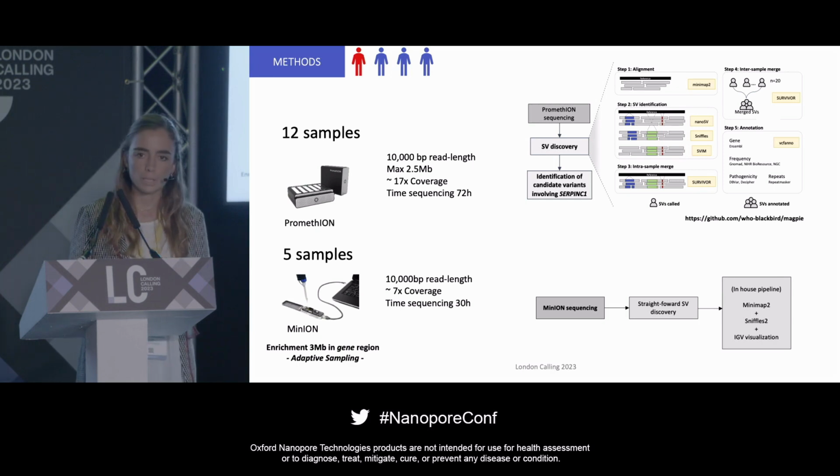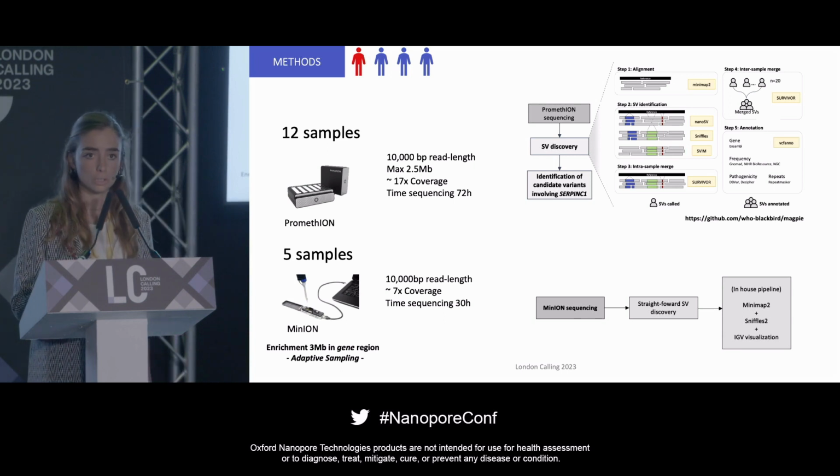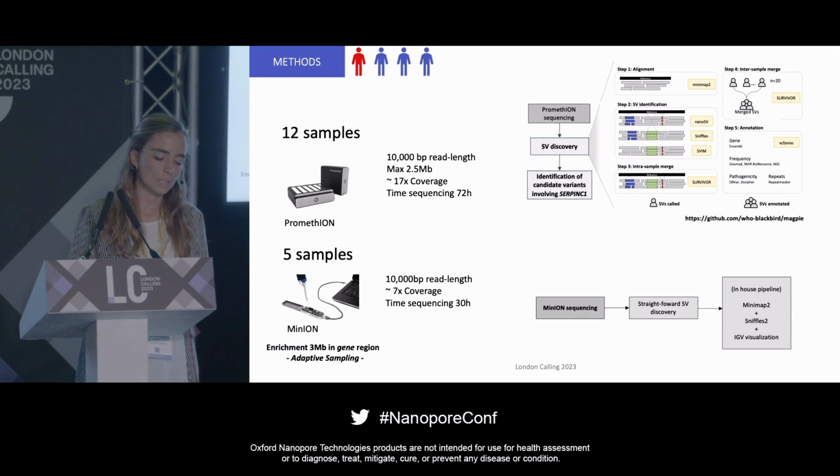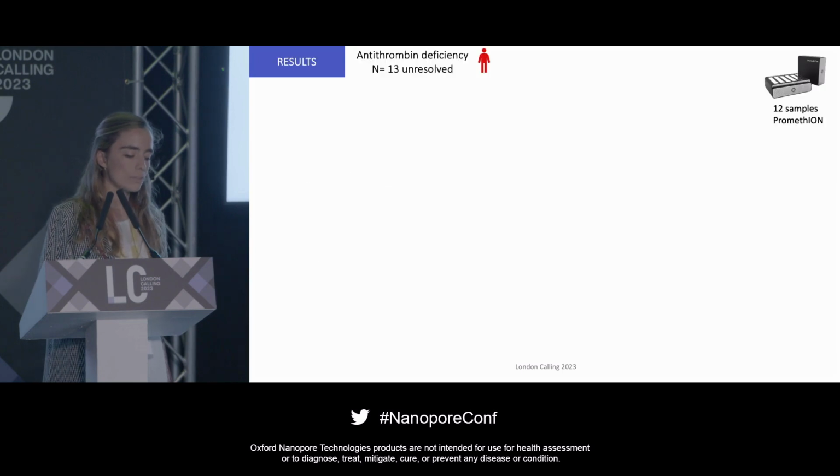A simpler in-house pipeline was conducted in our lab for the MinION samples. It's a straightforward structural variant discovery that also includes alignment with Minimap, structural variation calling by Sniffles, and IGV visualization.